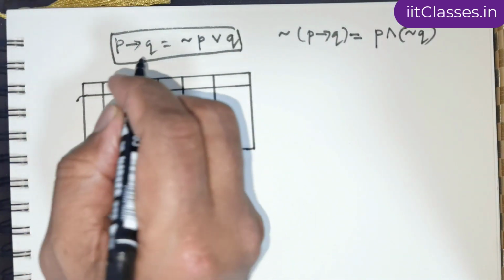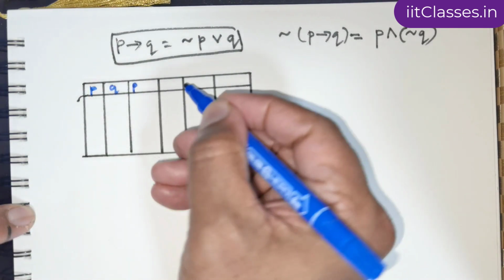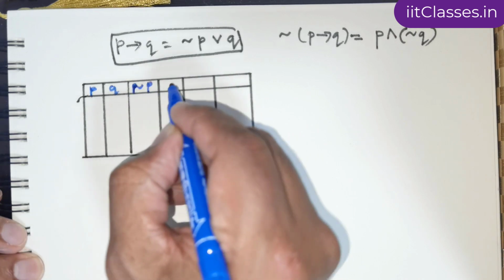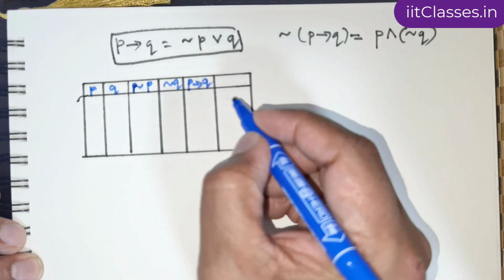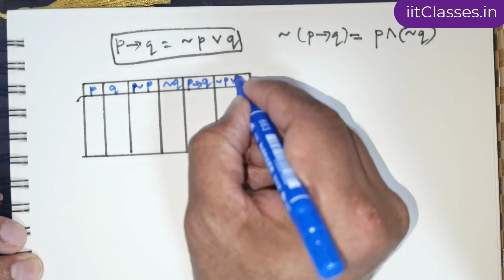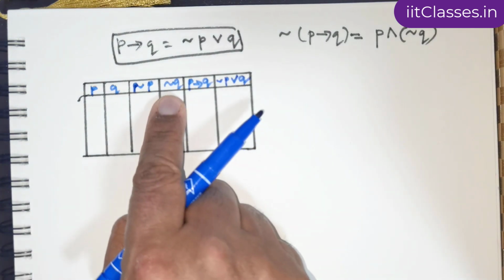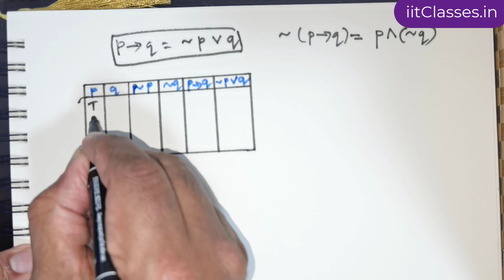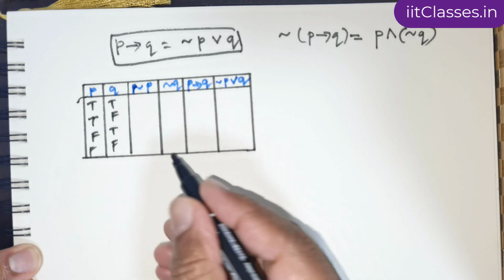This is my P, my Q. Let me take this as negation of P, negation of Q, and P conditional Q, and then negation of P disjunction with Q. We don't actually need negation of Q, but I have taken negation of Q. It's alright. So I'm taking the truth values as T, T, F, F, T, F, T, F.